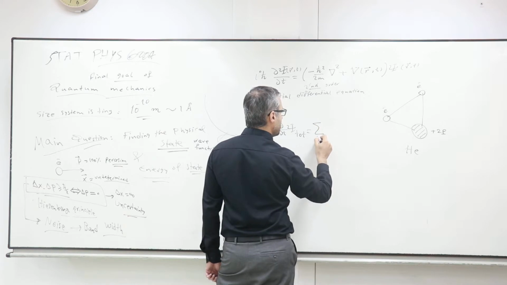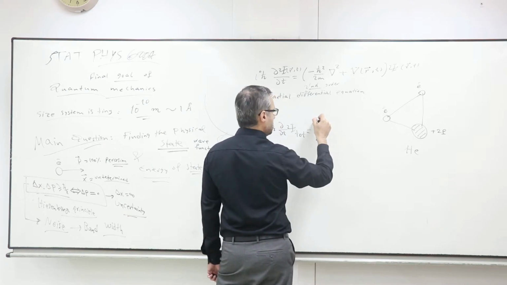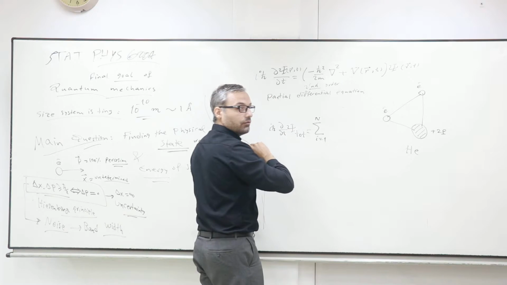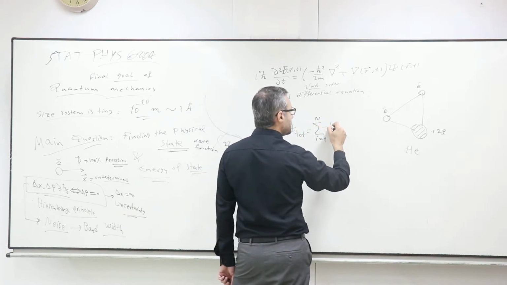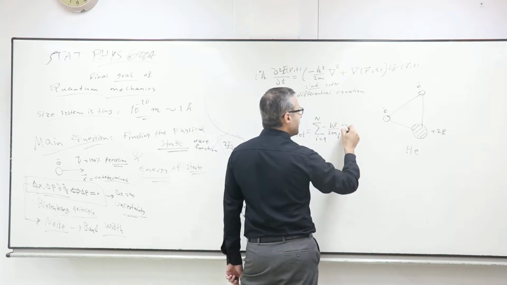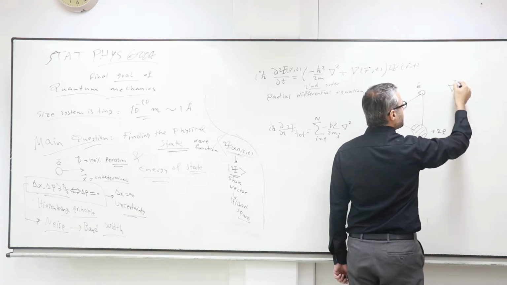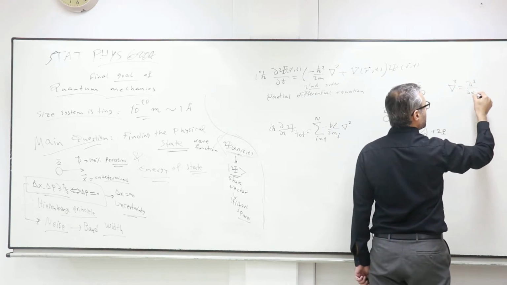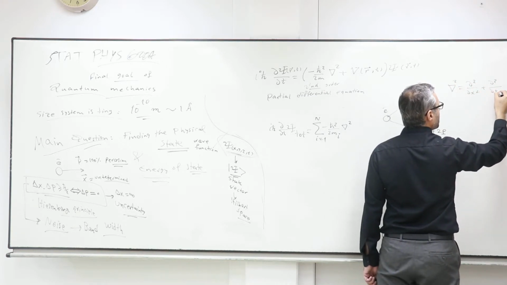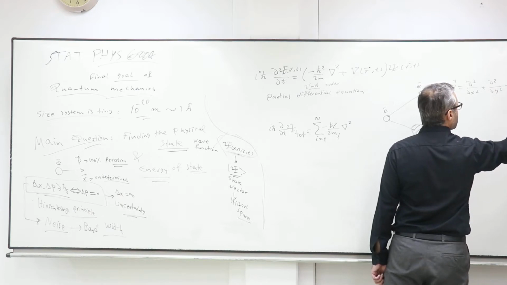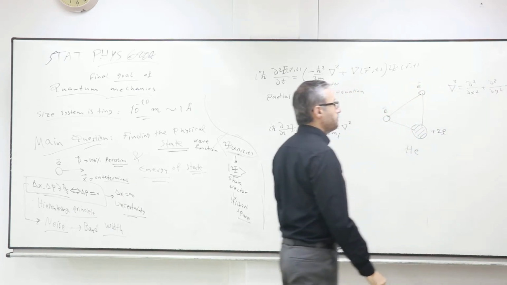I can write sigma over i, 1 to any number if you have more than 1, minus h bar. For each one you have a mass. And you have this operator. This is actually the second derivative with respect to x, y, and z, the Laplace operator, Laplace-Beltrami operator.